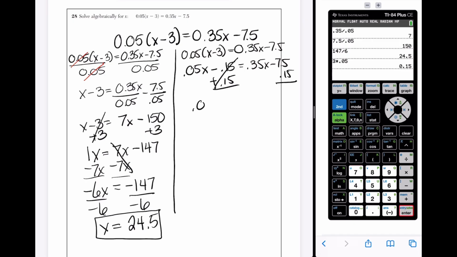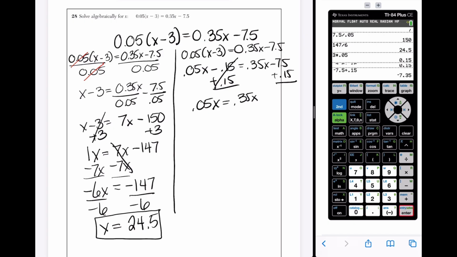So here I have 0.05x is equal to 0.35x, and I will still use, and again, let's clear this out for a minute, and I'm going to make negative 7.5 plus 0.15, and this is the point where I can see a lot of kids making a mistake.